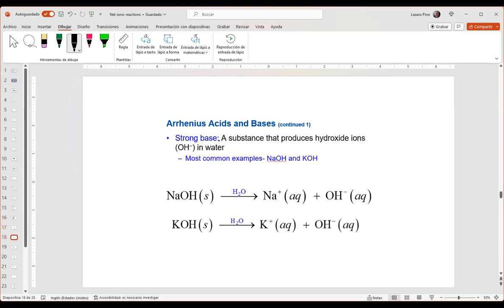Well, what is a strong base? It is one that in solution produces the hydroxide ion, hydroxide. This is the concept for a strong base.